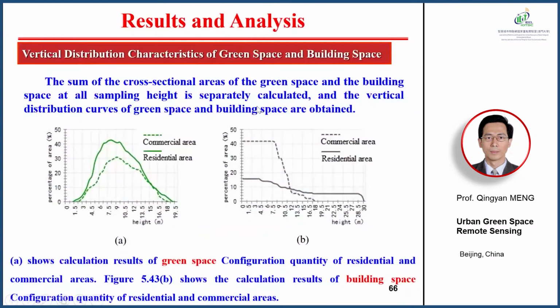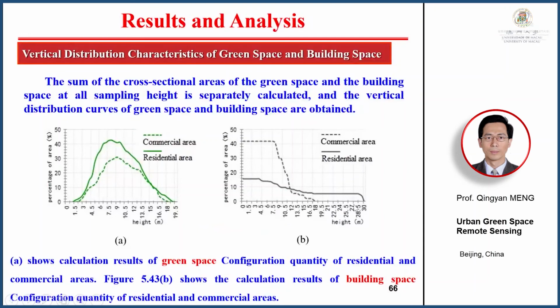So we develop such things. The sum of the cross-sectional area of the green space and the building space at all sample heights is calculated for the commercial, the residential, and the other different areas, and the vertical distribution curves of the vegetation and the buildings are obtained.